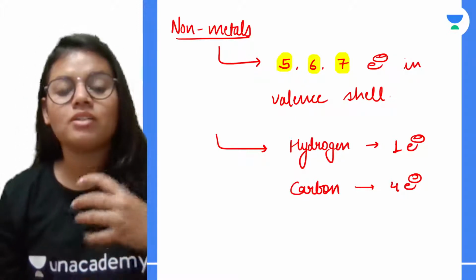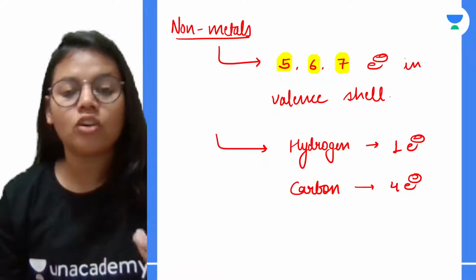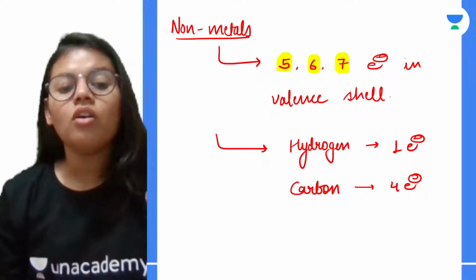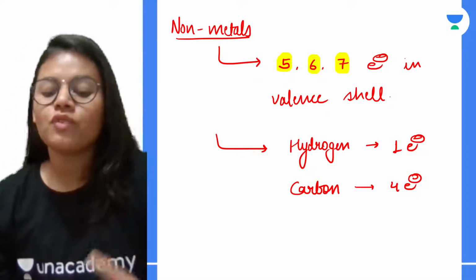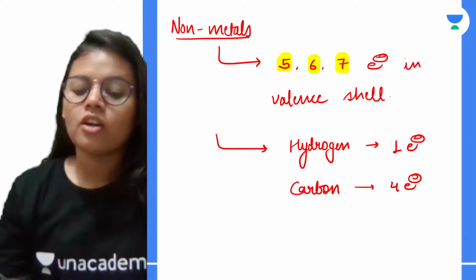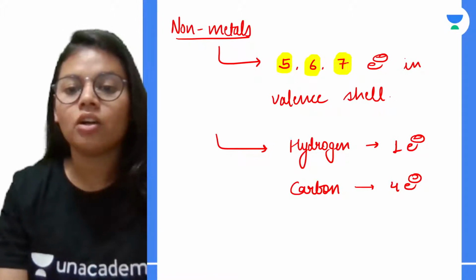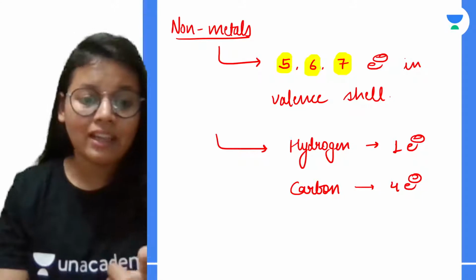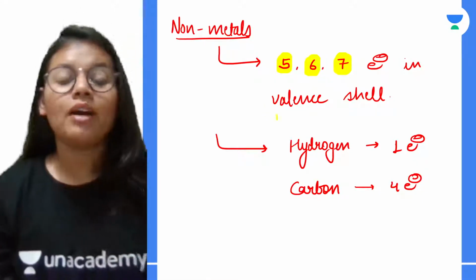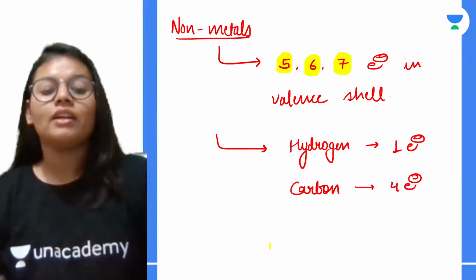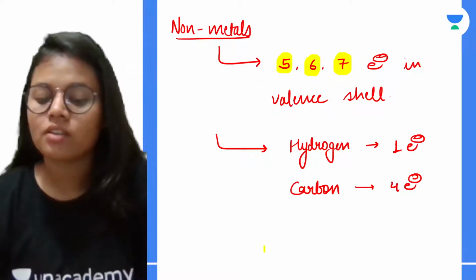Giving so many electrons is really not possible. So instead of giving their electrons they go for mutual sharing of electrons. If they have to complete their octet, they either gain electrons or share electrons. Why? Because donating electrons is not possible for them because of high energy consideration.